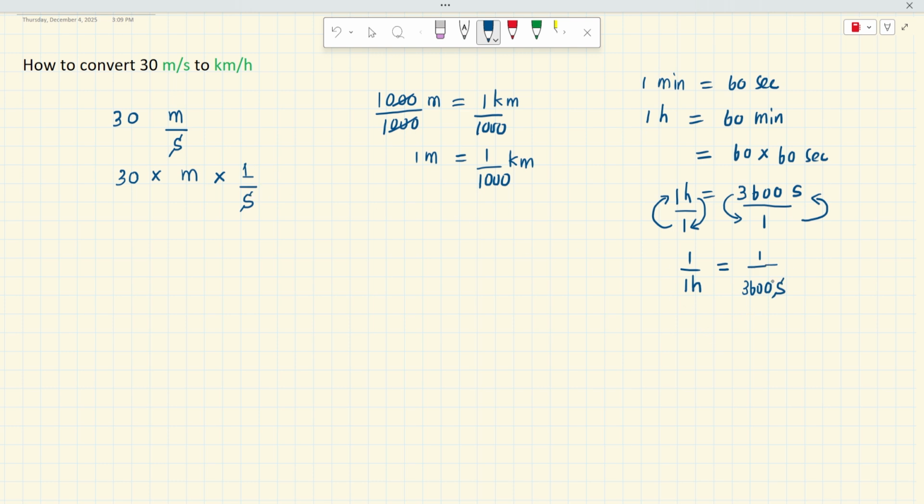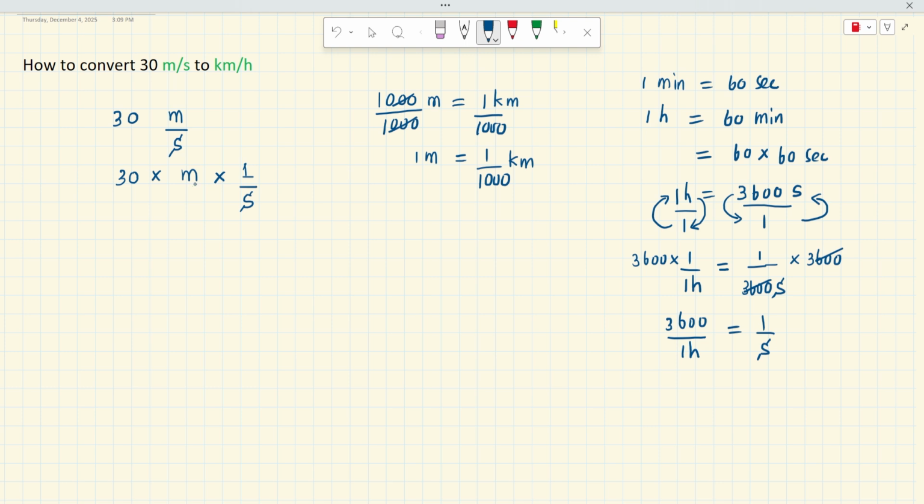So what I'm going to do is I'm going to remove this 3600. So I have to multiply both sides by 3600. 3600 get cancelled. So you get 3600 over 1h equals 1 over s.